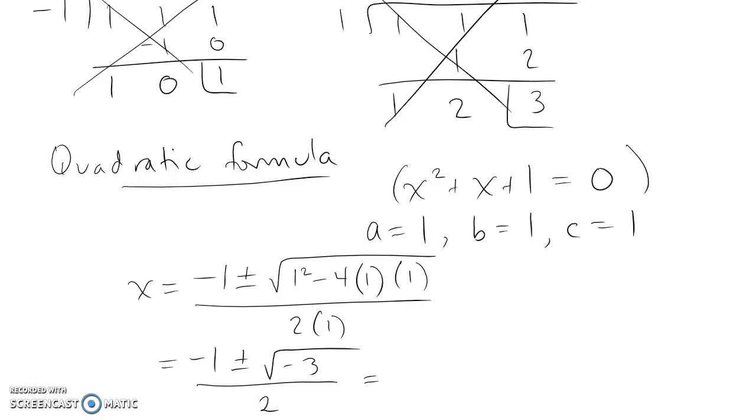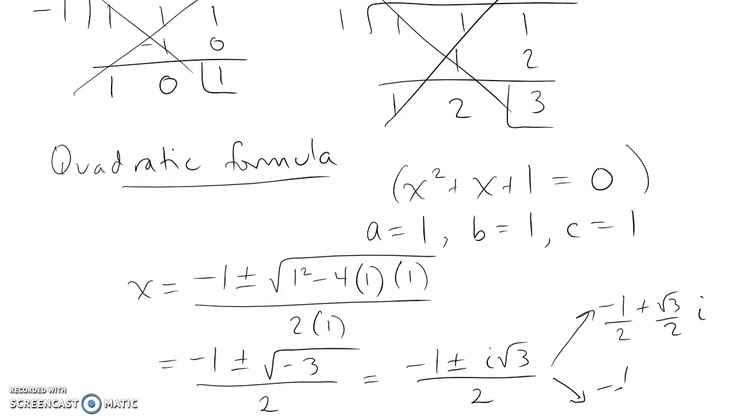I can't take the square root of -3, but I can take the square root of -1, so I end up with -1 plus or minus i root 3 over 2, and I can split that into two different complex numbers: -1/2 plus root 3 over 2 i, and -1/2 minus root 3 over 2 i.